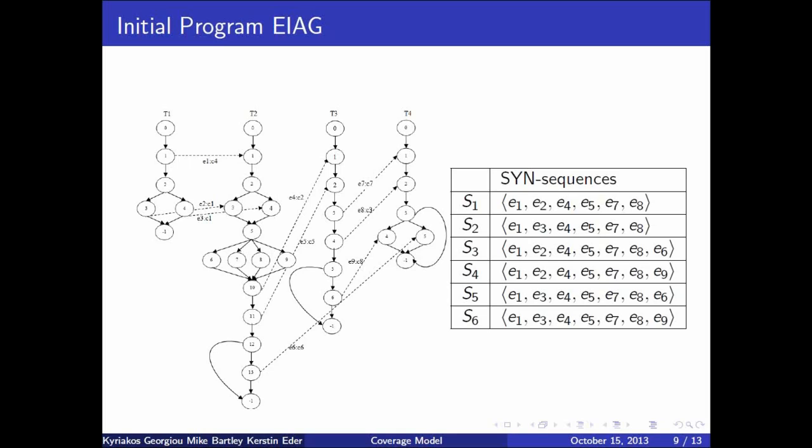These are the valid sequences that can happen during all the possible executions of this program. For example, if you take sequence 1, event 1 should execute first, then event 2, then event 4, then 5, 7, and 8, and then the program should be done.